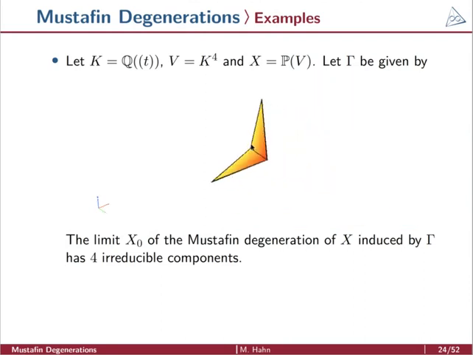So gamma is a point configuration such that the three vertices here are gamma, and they should have the property that their convex hull looks like this. Then the limit of the Mustafin degeneration of the projective space induced by this point configuration, given by this discrete data, has 4 irreducible components. We already saw in the last example that the number of irreducible components was the same as the number of irreducible components in this convex hull. And here we once again see the same thing.